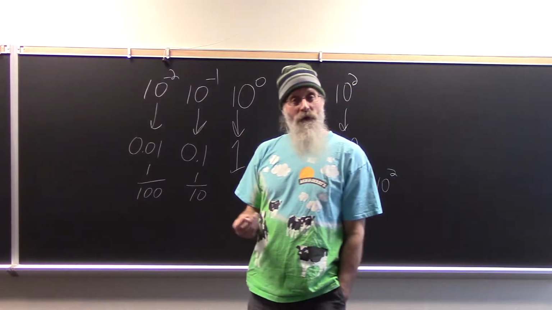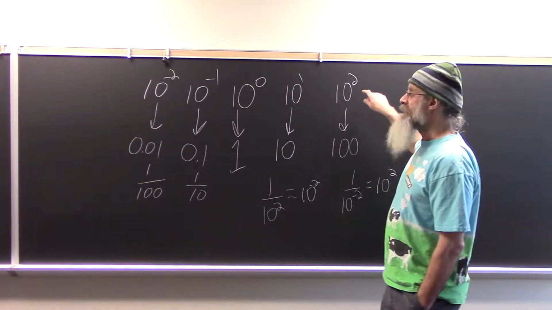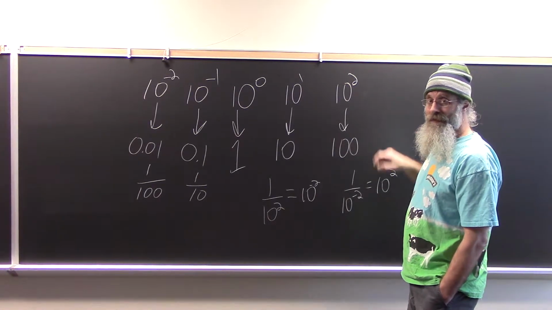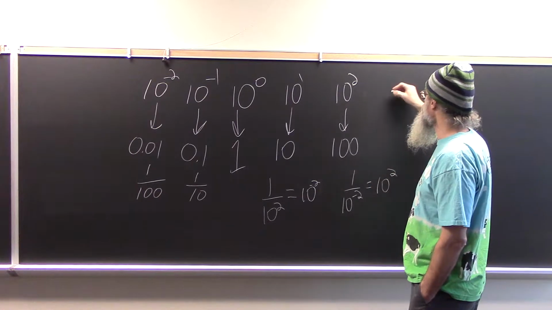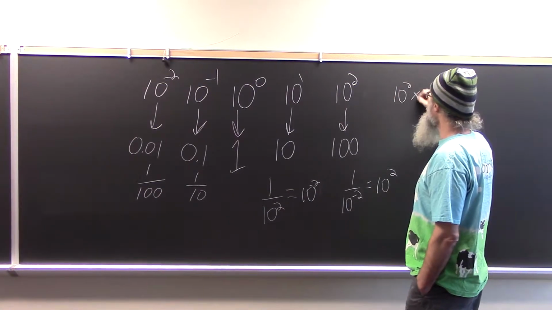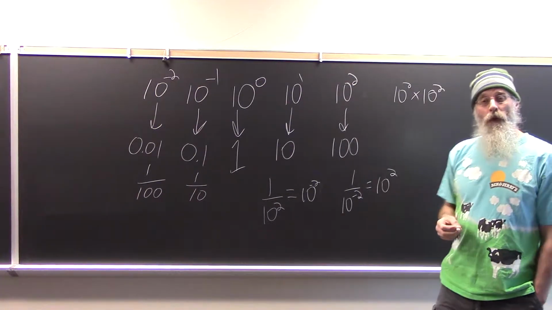Now when you're working with exponents, the wonderful thing is that if you are multiplying things with exponents, so 10 raised to something, for example, 10 to the 2 times 10 to the 2, what does that equal?